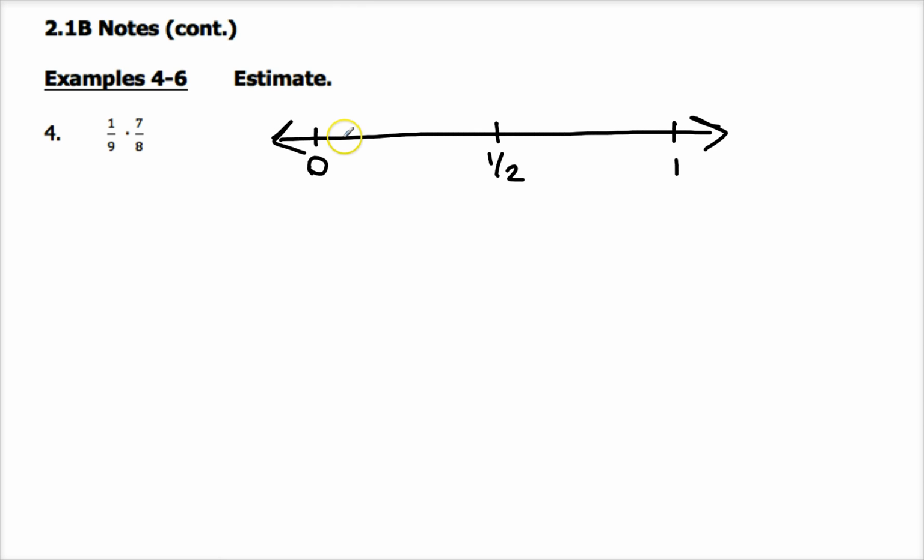It's about 1/9 of the way between 0 and 1, so it's about right here. And 7/8 is about 7/8 of the way from 0 to 1, so it's about right here. So you can see from this that 1/9 is closest of these 3 numbers to 0, and 7/8 is closest to 1. So a good estimate for this would be 0 times 1, which is 0. So we'd say this one is about 0.